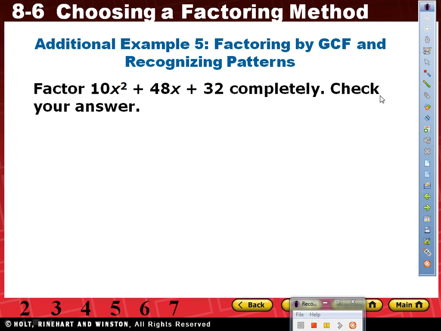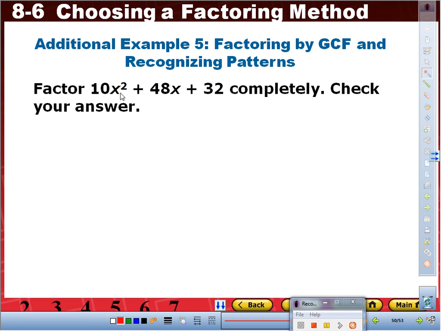Here we go. It says, factor 10x squared plus 48x plus 32. Okay, let's do this one together. Turn to your neighbor, let them know the GCF for this trinomial.